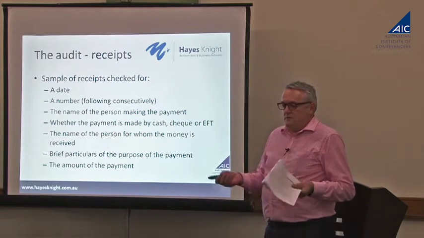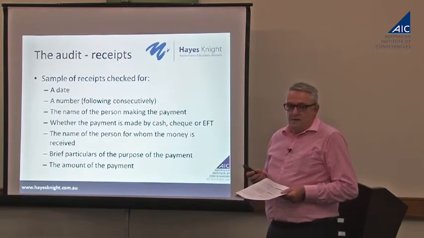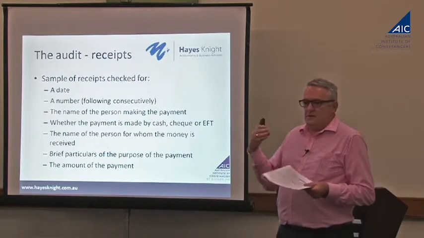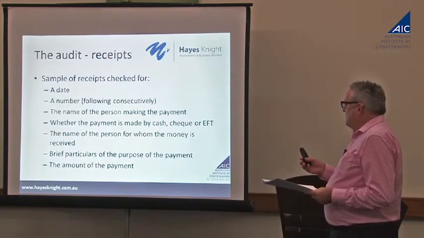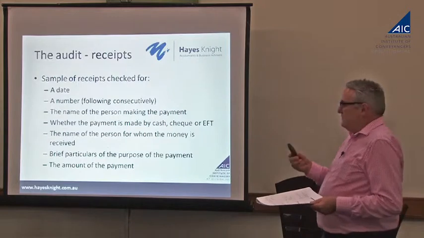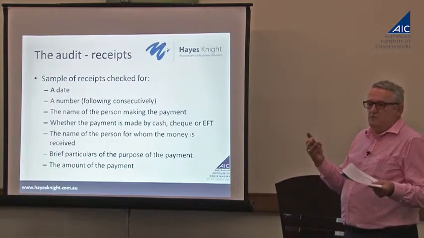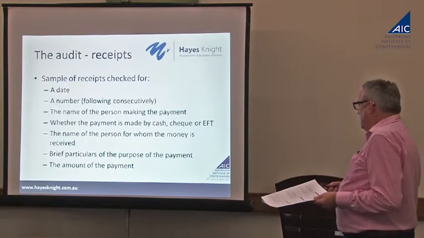In our firm, we've got a system where we pick the starting point at random and we do random selections, dollar unit sampling or whatever, just to get an idea of how it's all going. So we look at whether the ones that we've selected are consecutively numbered again, because we might have in our review not seen the individual ones that are missing from a sequence.